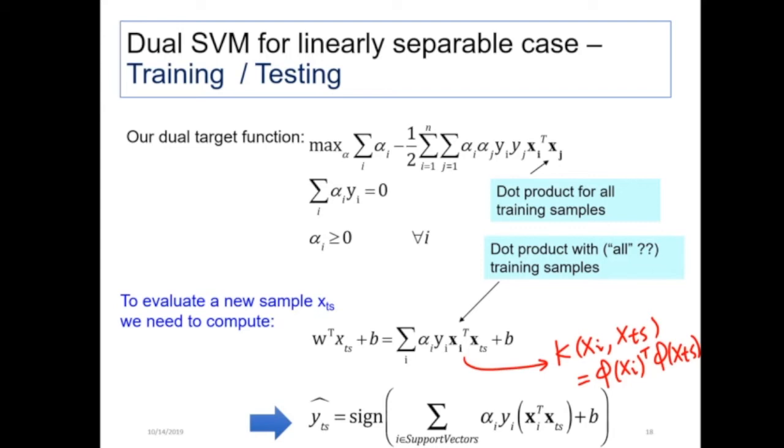What you need to calculate is only the kernel, or inner product values, of your test sample versus the support vectors. Question about this? This is one of the good reasons that the SVM dual formulation is better than the original formulation. All right.